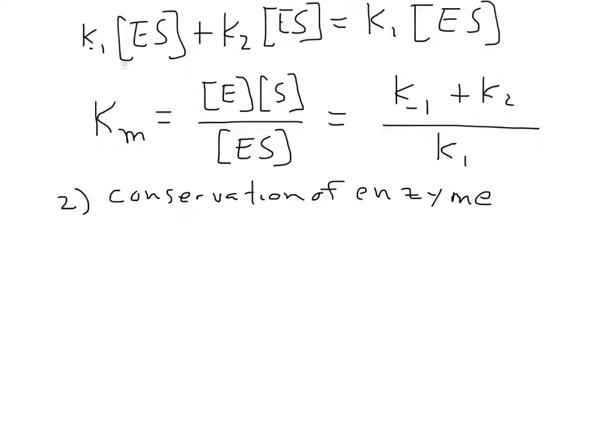Because if you think about it in an actual reaction, you'd add the substrate and the enzyme into the test tube, and you know exactly how much enzyme you would put in. That enzyme would be conserved. It might be in the form of a complex or a free enzyme, but the sum of the free enzyme and the complex would always equal a constant.